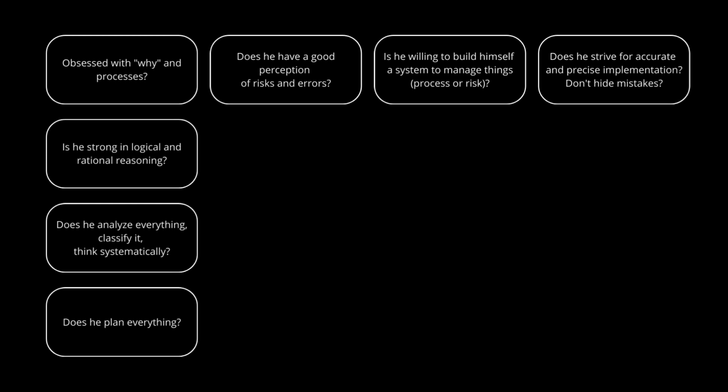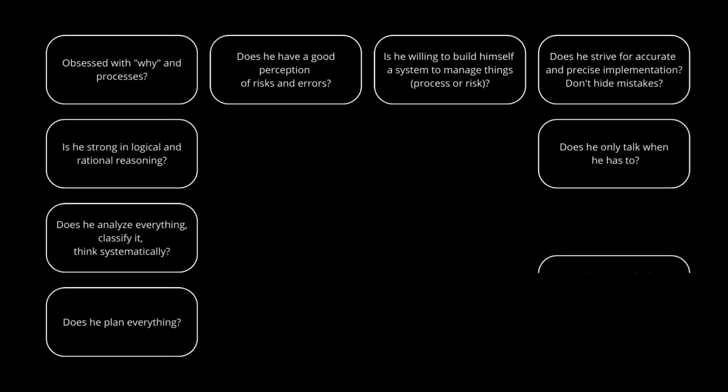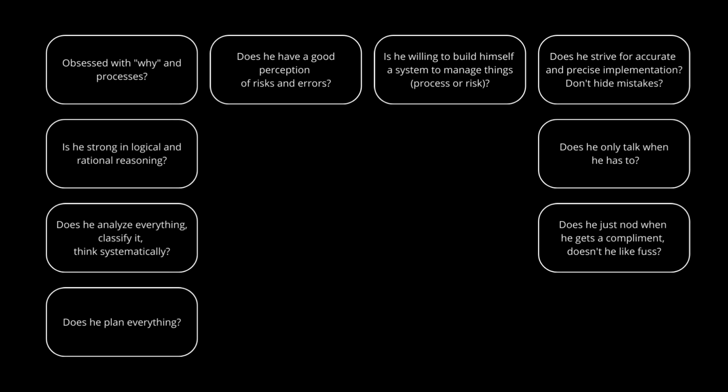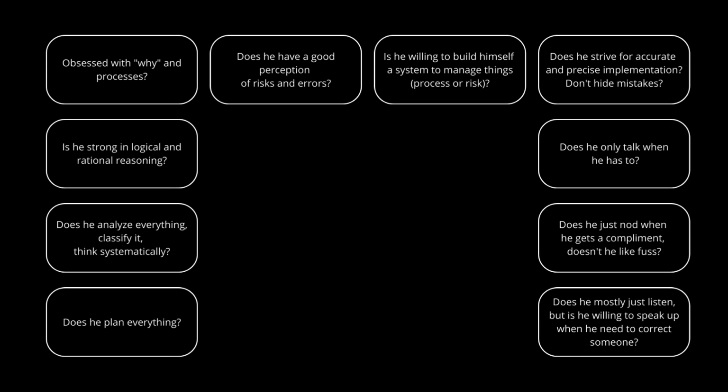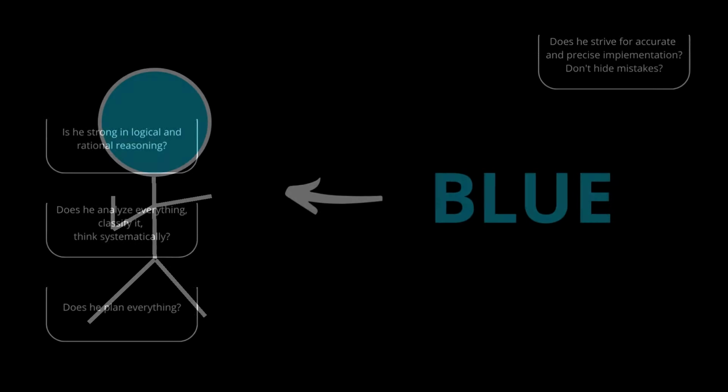Does he strive for accurate and precise implementation? Does he not hide mistakes? Does he only talk when he has to? Does he just nod when he gets a compliment? Doesn't he like fuss? Does he mostly just listen, but is he willing to speak up when he needs to correct someone? When you meet such a person, the dominant behavior is blue.